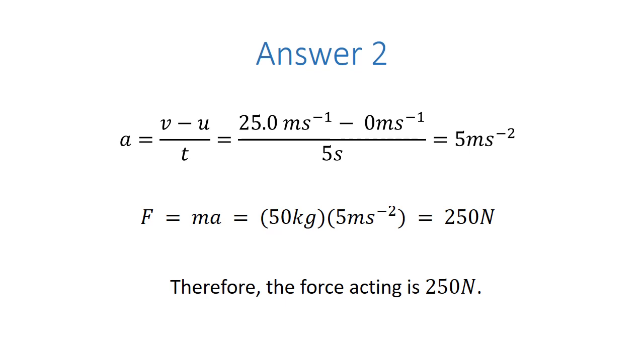Isn't it easy? Okay, so that's all that we have learned today. Let's recap back what you have learned today. So first, you need to know what is Newton's second law of motion. What is Newton's second law of motion? Force is directly proportional to the rate of change of momentum, and then derive it to get force directly proportional to the product of mass and acceleration, and then we rewrite it in an equation.